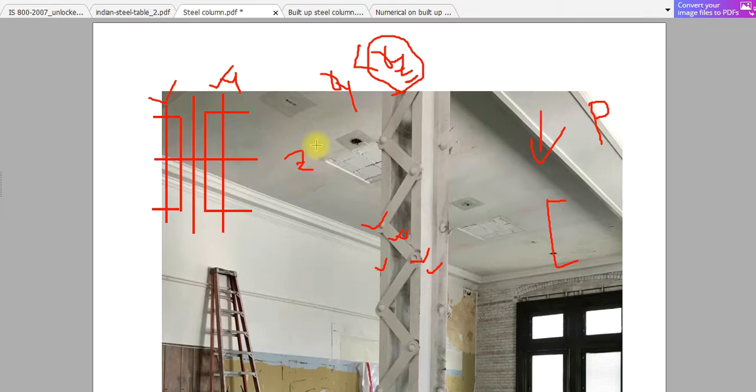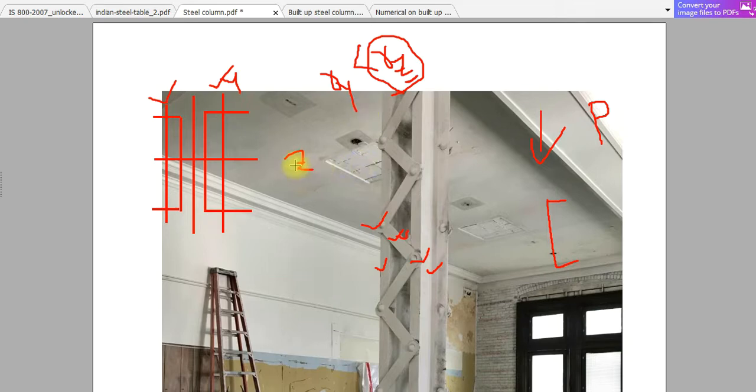That means the moment of inertia about the y-axis will change. If the moment of inertia is changing, then the radius of gyration will change about this y-axis. So our target will be to increase this radius of gyration about this y-axis, because the radius of gyration about the z-axis will remain the same, because the z-axis is not changing, only the y-axis is changing. That's why the radius of gyration about this y-axis will change, and it will certainly increase.